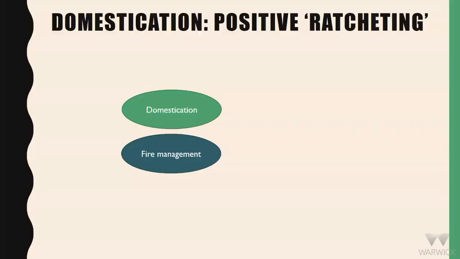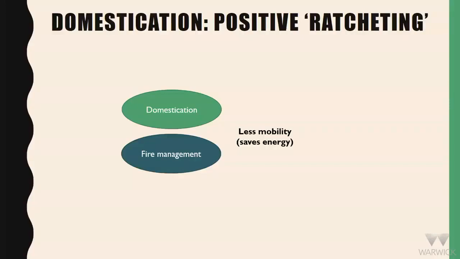Other technologies also help. For example, we might think about humans starting to manage fire for the first time, create fire for themselves, and keep it available for all sorts of things like hunting, protection, and maybe cooking. The theory suggests this then requires less mobility.